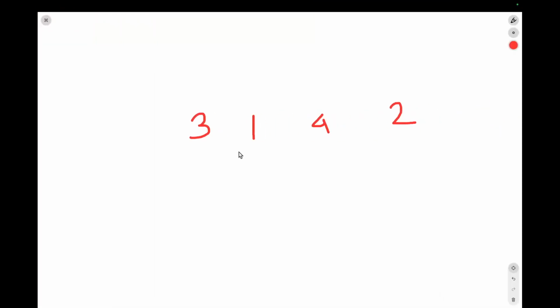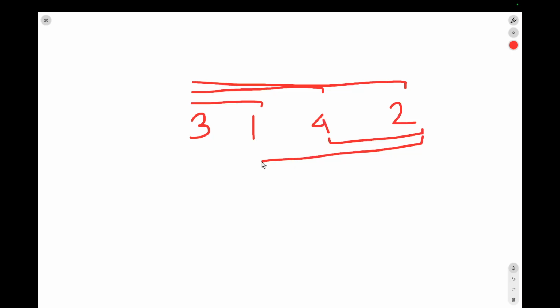Okay, so here we can see that this is a valid subarray, this is also valid, this will also be a valid subarray. Okay, then come to the next, and this is a valid subarray, then this will be a valid subarray. This is also a valid subarray, but we have already taken this one, so we won't count it again.